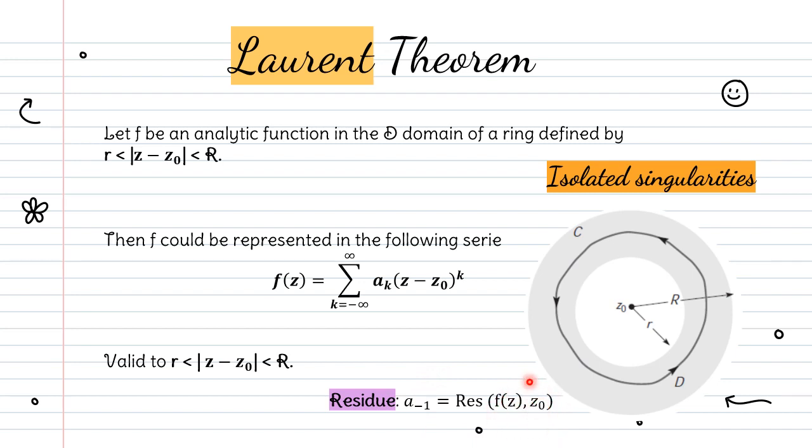And of course, before we even calculate that residue, we need to know the singularity of that specific function. So that's why we have to study all of that. There are even three types of isolated singularities: the poles, the removable singularities, and the essential singularities. We'll go over them on the next slides, and we'll see the importance of this Laurent theorem and the singularities and how we could take advantage of it.